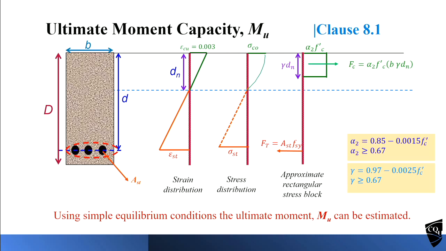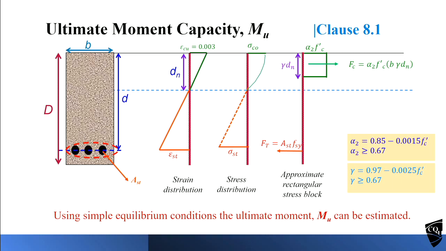A for area, S for steel, T for tension. So this is the tensile reinforcement. That's what we call Ast. At the moment I don't know how much I need to provide, so I will put some steel. We'll see how much the bending capacity will be.